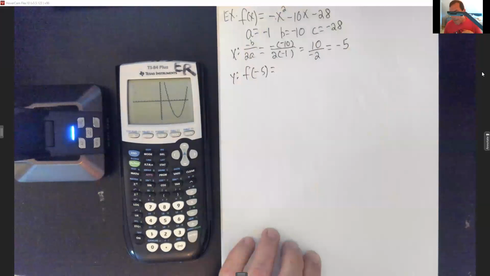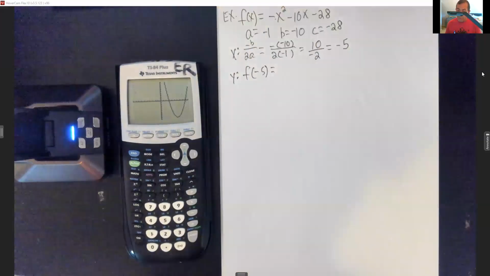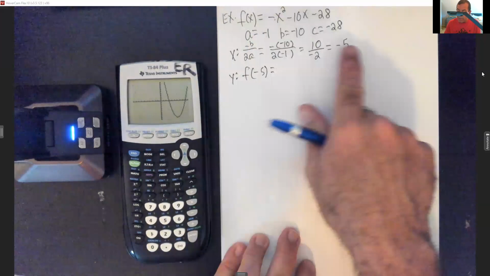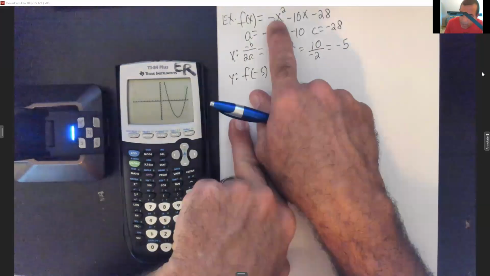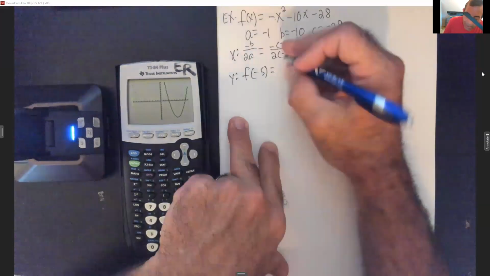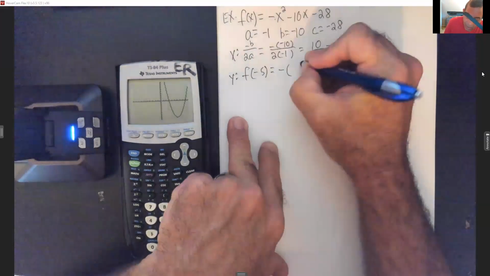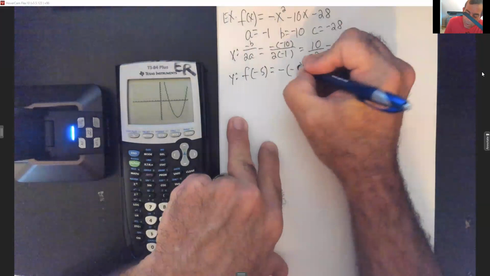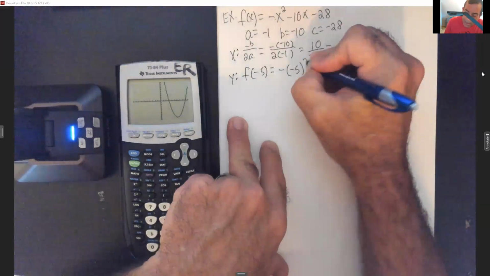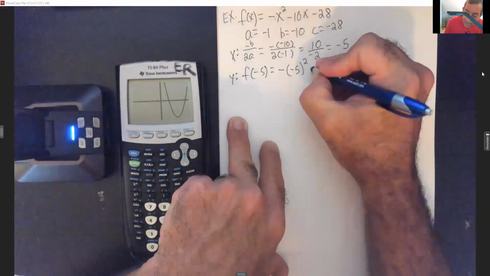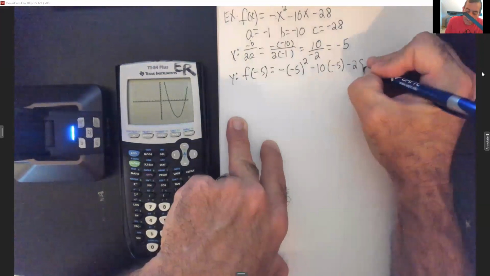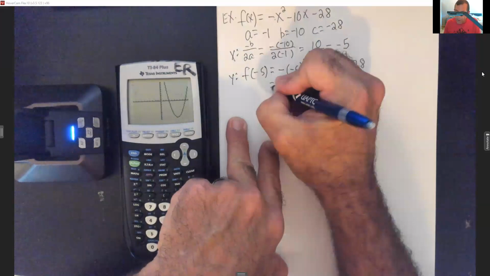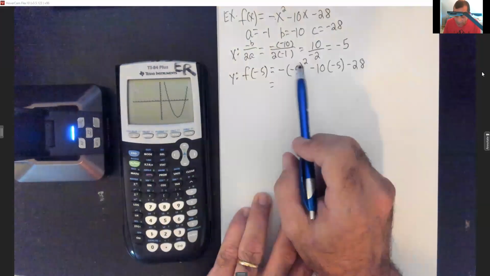So that's all they meant by that, f of -b over 2a. Since -b over 2a was this, put it back in. Now remember, you got a negative in front, so write that negative. And then your x is going to be a (-5) squared minus 10 times negative 5 minus 28. Now, do not multiply those first.